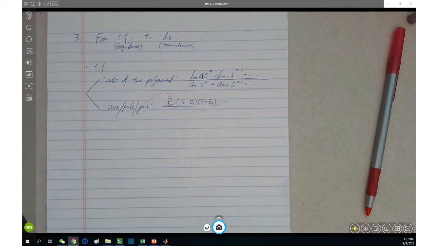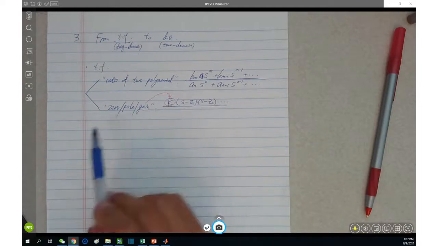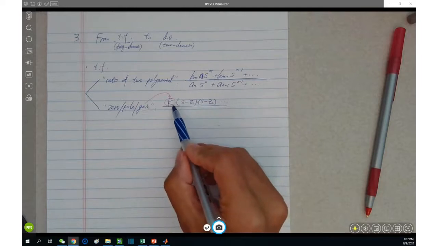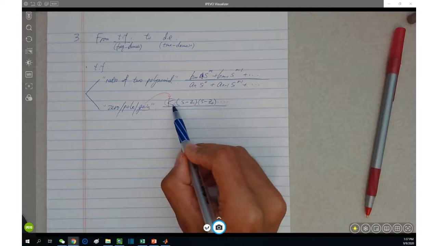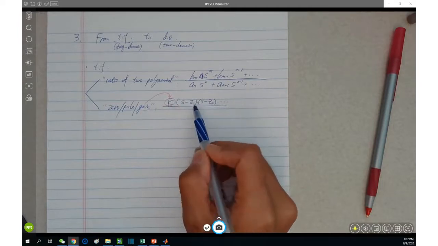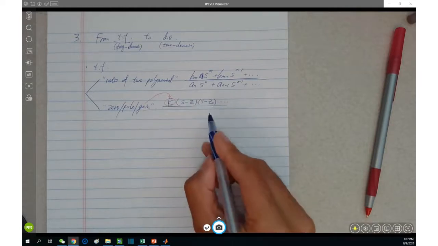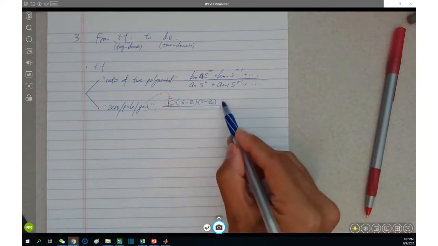Alternatively, we might have another format to write exactly the same transfer function, which is called zero-pole-gain. In it, you have a numerator with a capital K as constant gain, times the parentheses (s minus z1), times a second parenthesis (s minus z2), and so on and so forth.